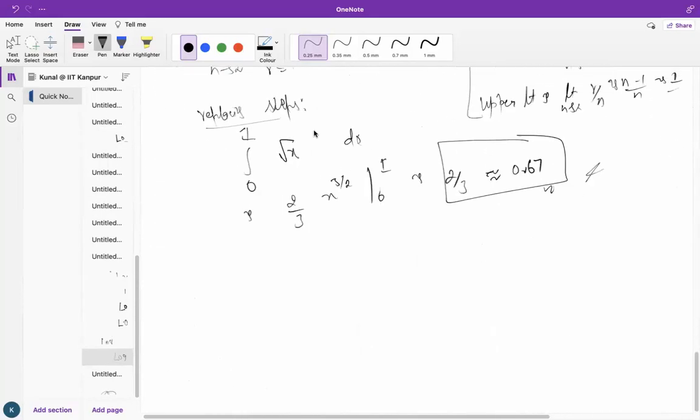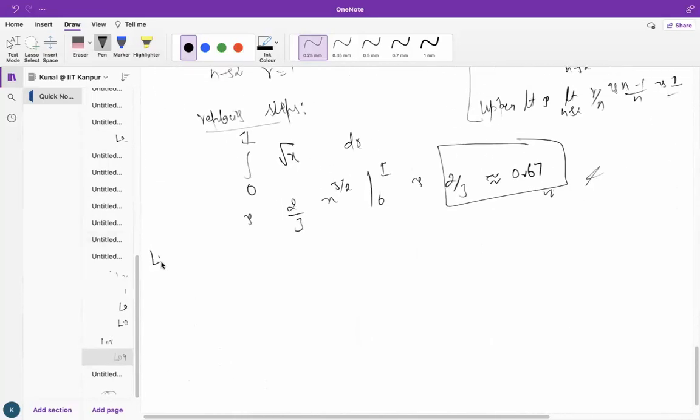Now it's time to move to level 1. These problems are slightly tougher than the previous ones. So, let's see what it looks like.